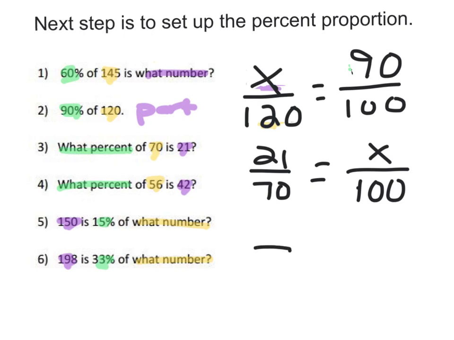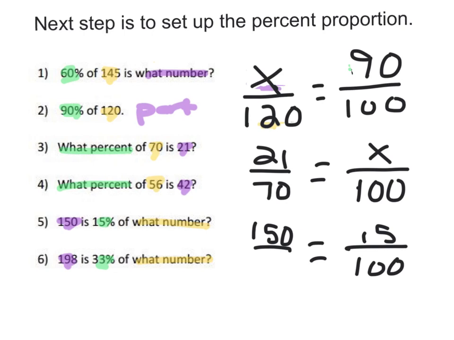Numbers 5 and 6, again, notice how every time the format stays the same. Ratio equals ratio, with the second ratio having the bottom number as 100. Again, I'm just looking. I've already identified my pieces. My percent was 15. My part is 150.